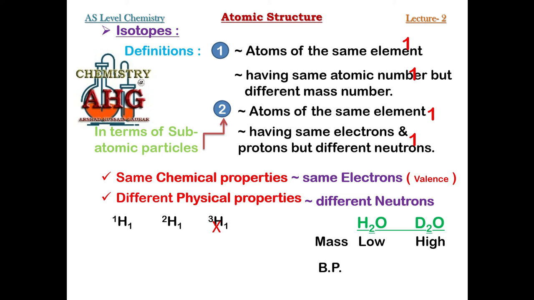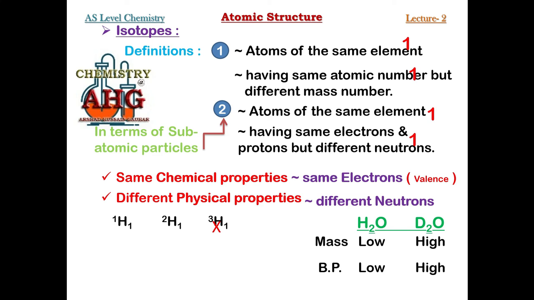So it would be difficult to send heavy water molecules against the force of gravity. That is why the boiling point of heavy water would be high, while the boiling point of normal water would be low, because boiling point depends on mass, and mass is linked with weight, that is the force by the center of the earth, by gravity. Okay, you can see that physical properties of isotopes are different.